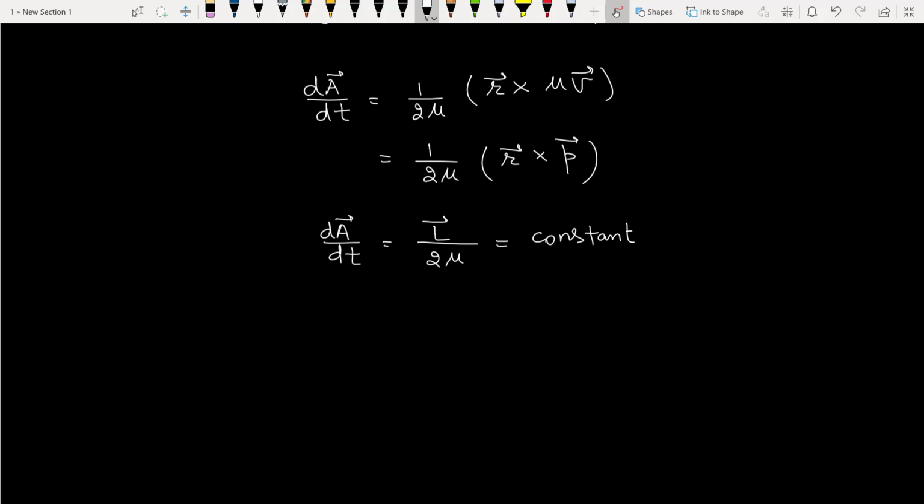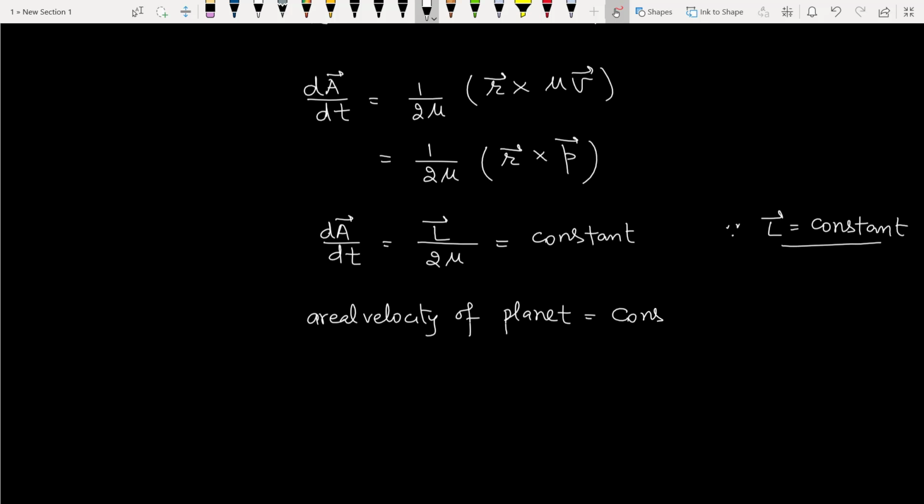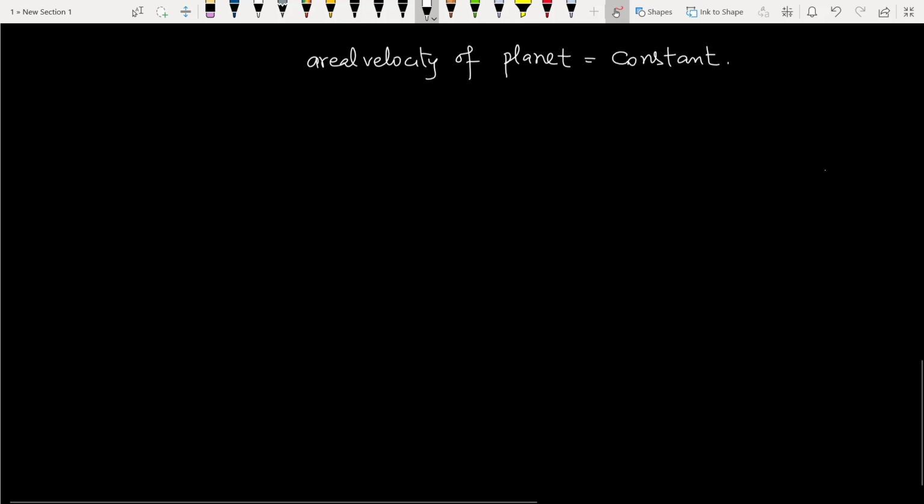Why is this constant? Because under a central force, an inverse square law force, L is constant both in magnitude as well as in direction. We have proved it in one of the previous lectures. So dA by dt is constant. That is, the areal velocity of the planet is constant. So this is our second law of planetary motion.